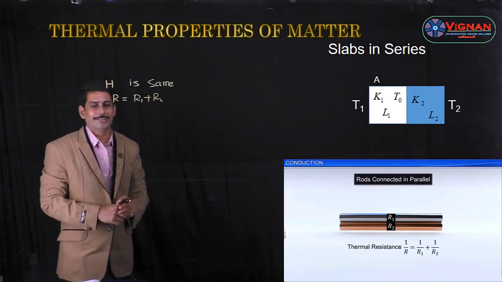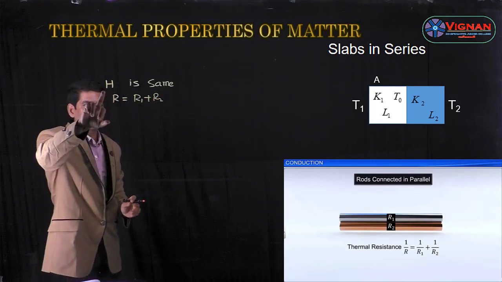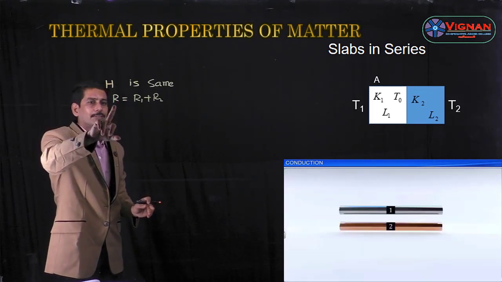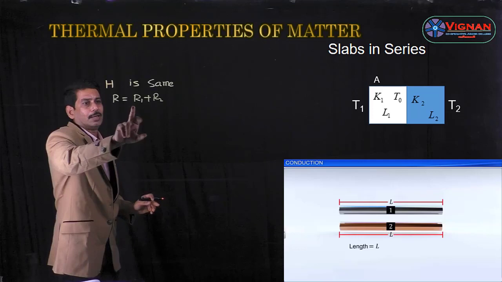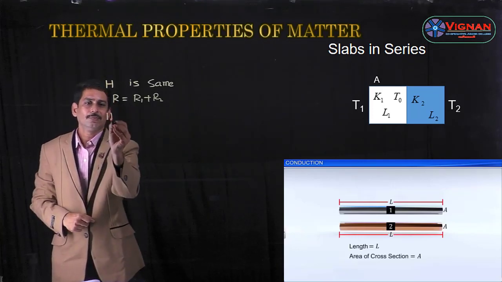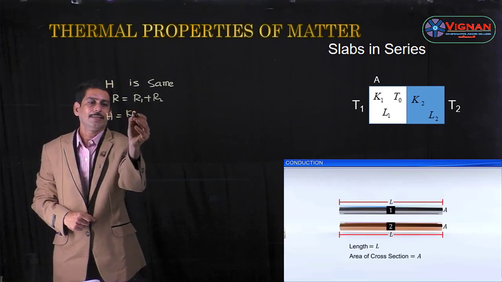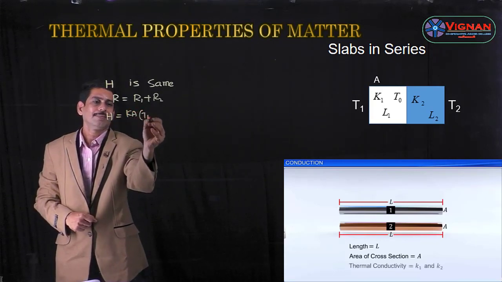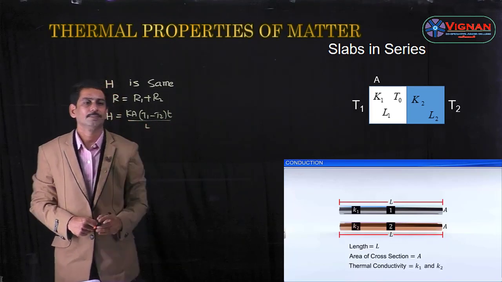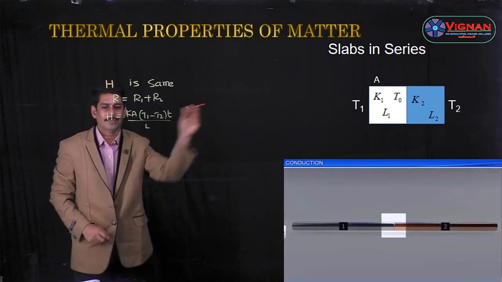Whenever two slabs are connected in series, then the amount of heat energy flowing in two conductors is same, and the effective thermal resistance R is equal to R1 plus R2. And we know H is equal to K A into T1 minus T2 into t by L. Now apply this expression for the first conductor.